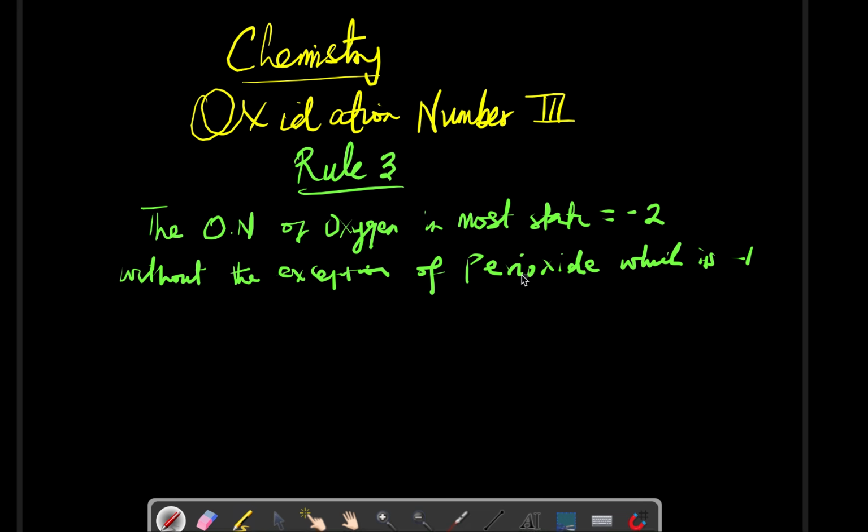So what they tell you is that the oxidation number of oxygen in most states is -2, except for this particular one called peroxide. When you reach peroxide, it is always -1. When I talk about peroxide, I mean hydrogen peroxide.